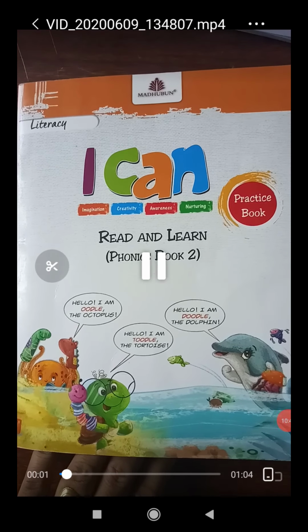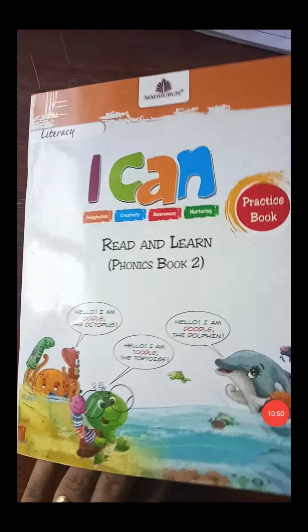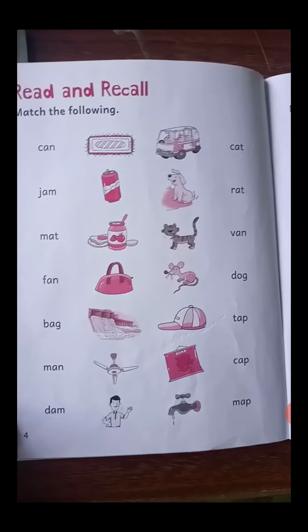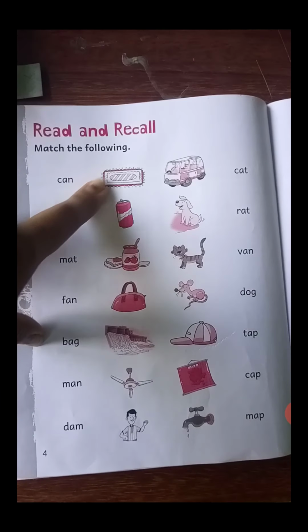Students, open your I Can Achiever phonic book 2. Open page number 4. Here students, you read and recall, match the following.